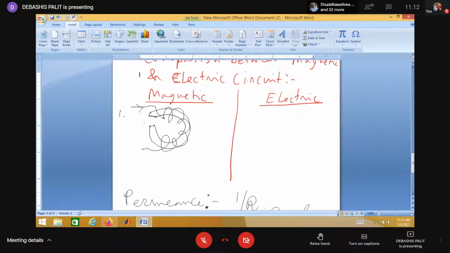So current is flowing here, and flux is flowing through the circuit, and some portion of flux is flowing through the air also.